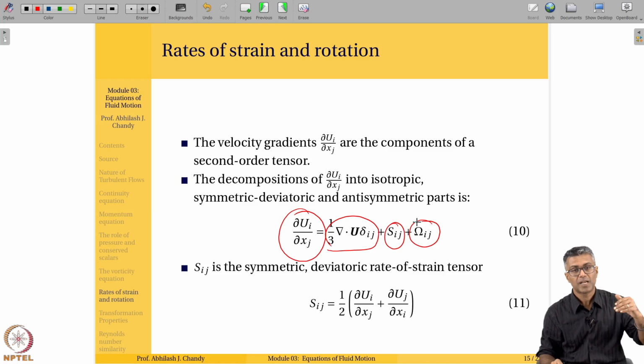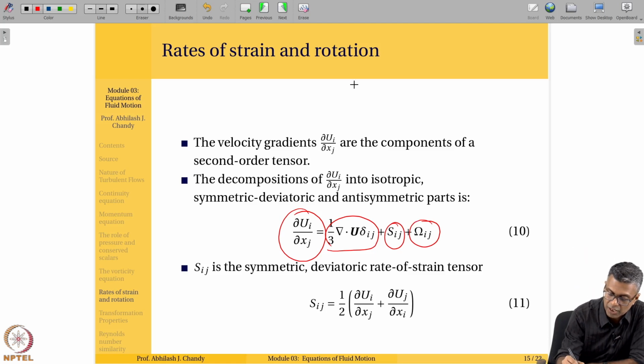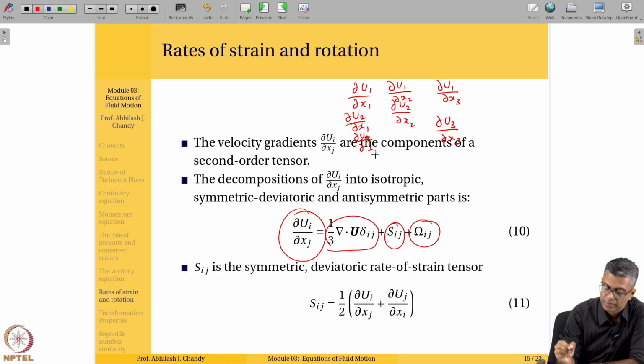Why? Because remember, this velocity gradient would have del u1 del x1, del u2 del x2, and del u3 del x3 as the diagonal components. Then here I would have del u1 del x2, del u1 del x3, and here del u2 del x1, del u3 del x1, and so on and so forth.